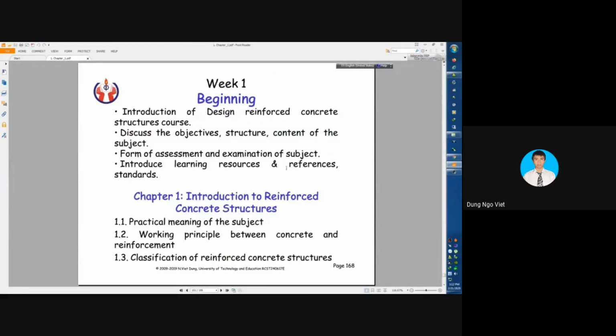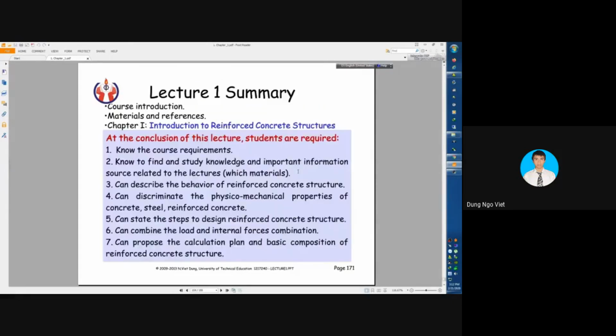So this is the end of chapter 1. At the conclusion of this lecture, students are required to know the course requirements. So after learning chapter 1, you must know the course requirements and know how to find and study knowledge and important information sources related to the lecture.